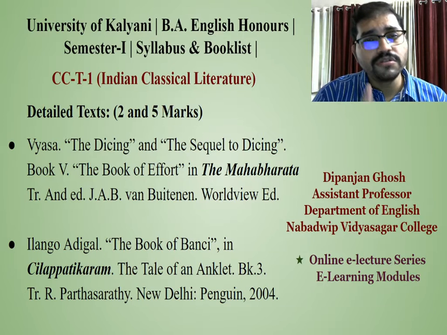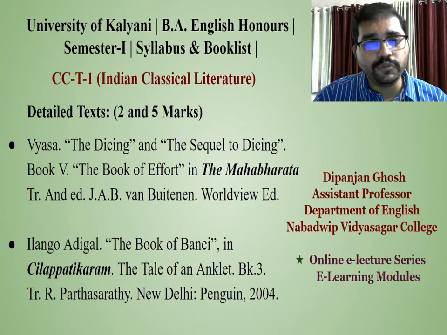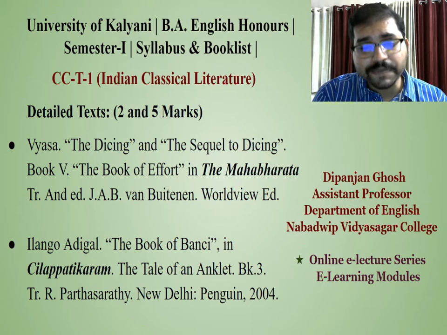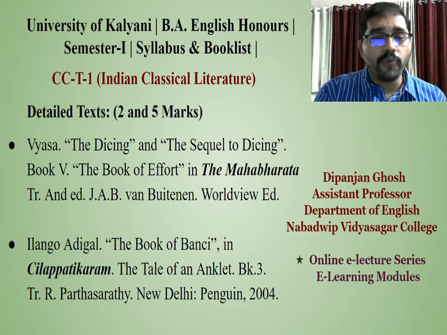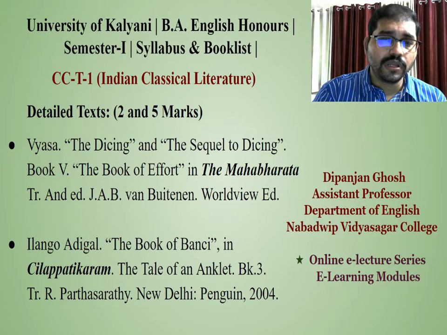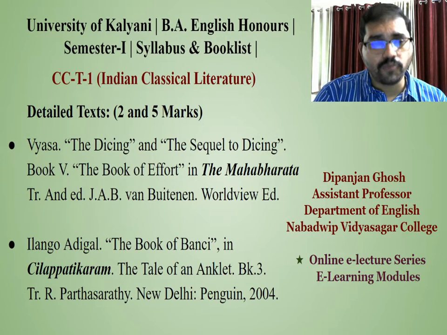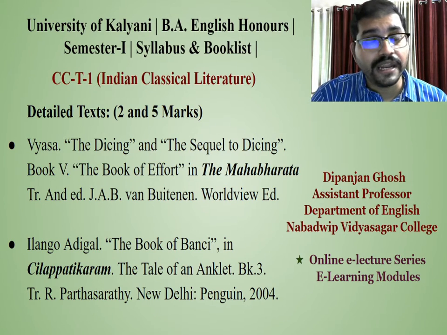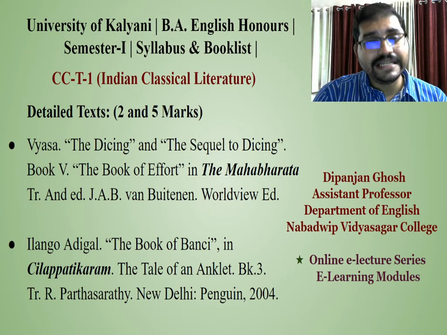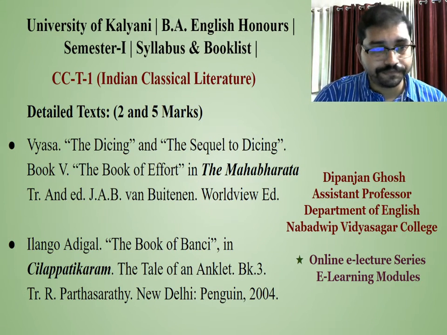Remember, don't try to buy any other book except this one, because this particular book is considered the textbook for you. So whenever you buy the textbook, you must buy the one translated and edited by J.A.B. van Buitenen, which comes in the Worldview edition. That is the dedicated textbook that has been selected for you.